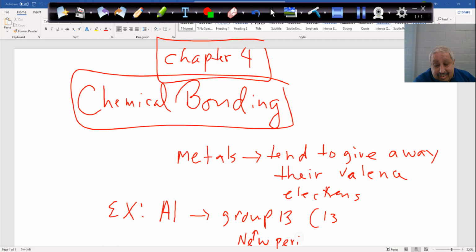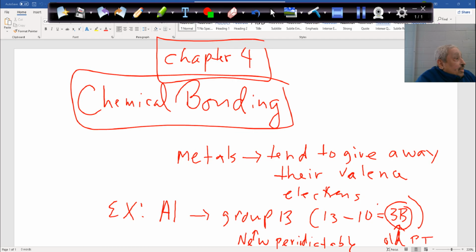But 13 minus 10 makes 3, and this is 3B in the old periodic table. So 3B means aluminum has 3 VEs, valence electrons.